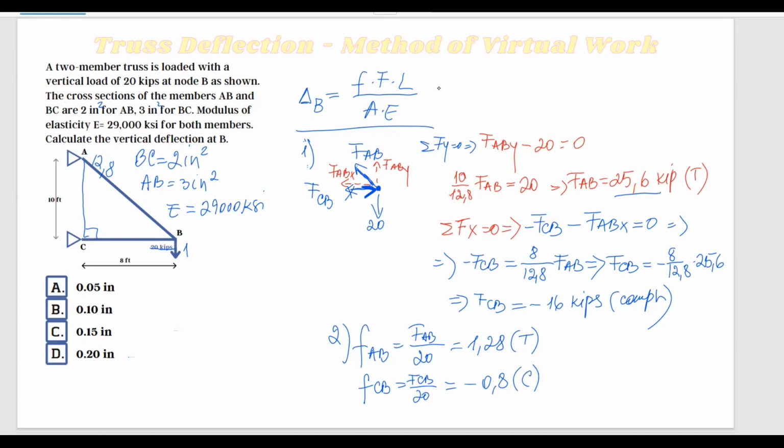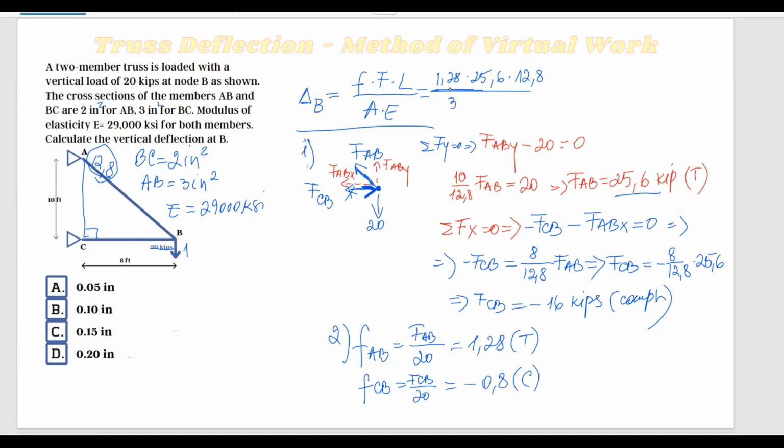So now I believe we have everything we need to calculate delta B. I'm going to come back here and write, let's start with AB. Lowercase f for AB is 1.28 multiplied by force FAB, which is 25.6. Next, multiplied by the length of AB, which we have calculated here, 12.8. A for member AB is 3 inches squared.